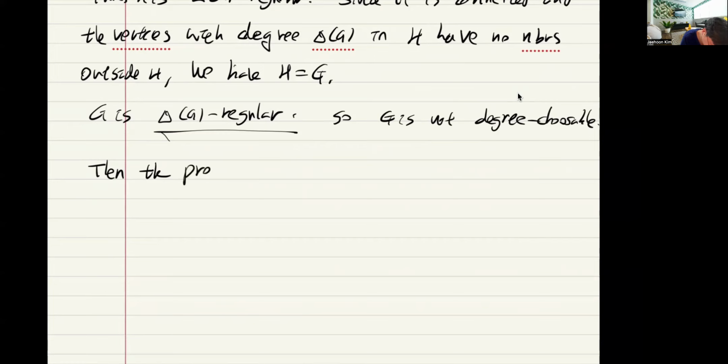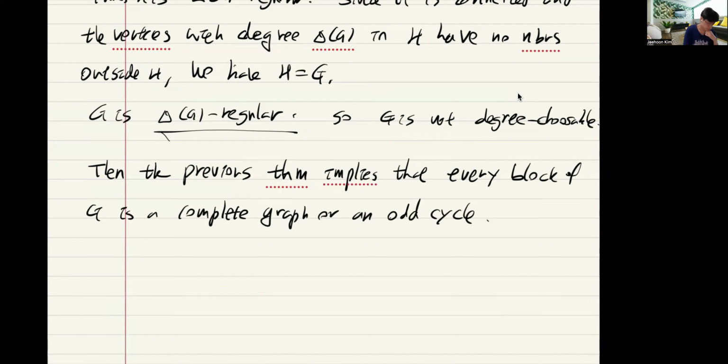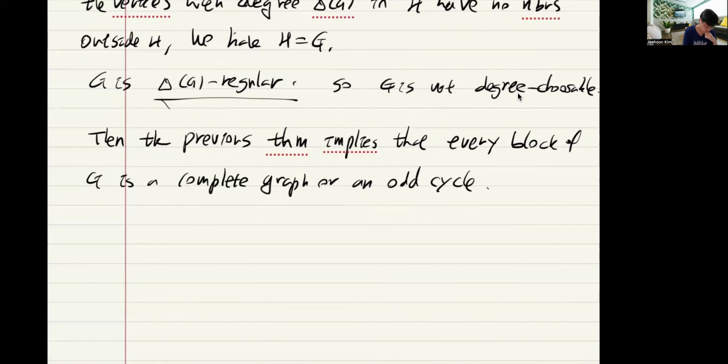Then the previous theorem implies that every block of G is either a complete graph or an odd cycle. And if G has at least two blocks, then what happens?